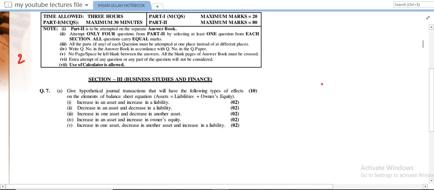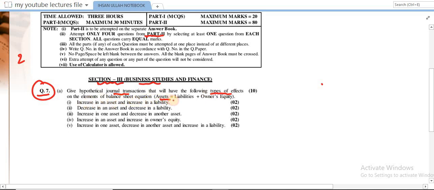Okay, here, if you see, this question is from paper 2, and this is section 3, business study and finance, and this is question number 7 as for the CSS attempt question paper. Give a hypothetical journal transaction that will have the following types of effects on the elements of the balance sheet equation.